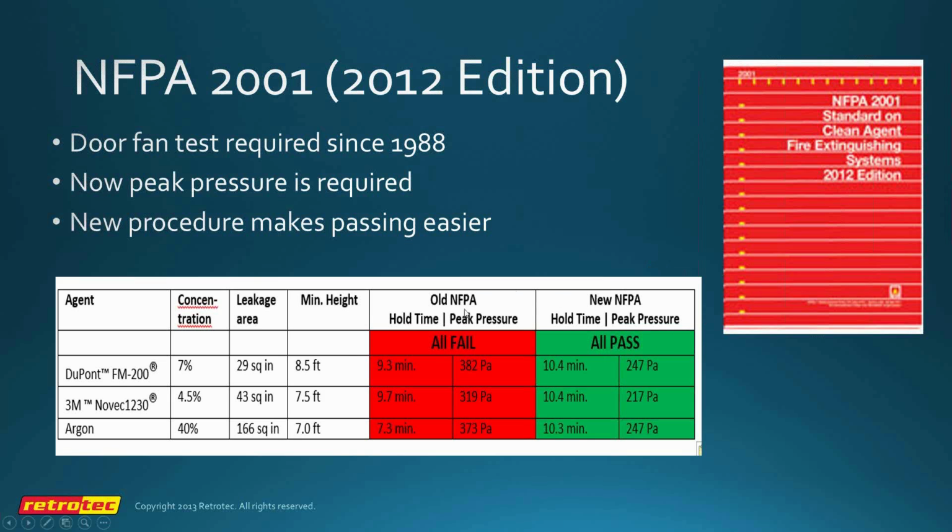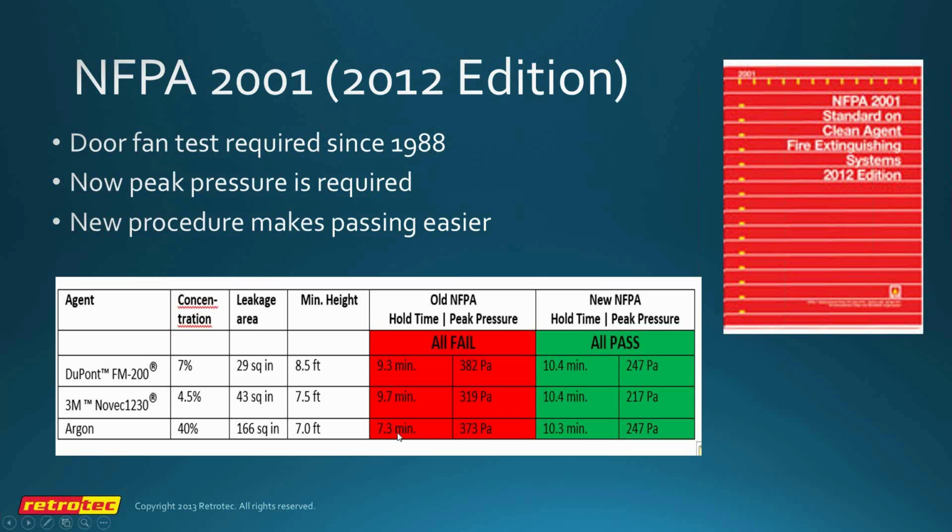But we can see here the old NFPA on exactly the same test data would get a 9.3 minute retention time, 382 Pascal peak pressure, and on the new NFPA we would pass the hold time, about a 10-12% improvement in hold time and about a 40% reduction in the peak pressure.